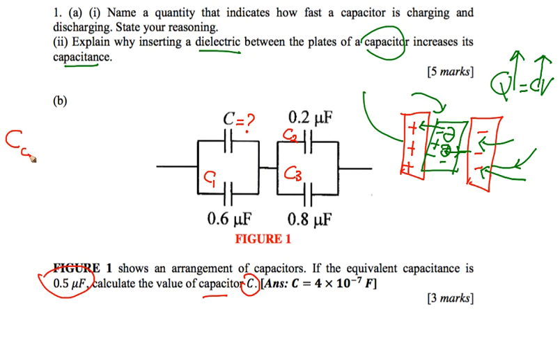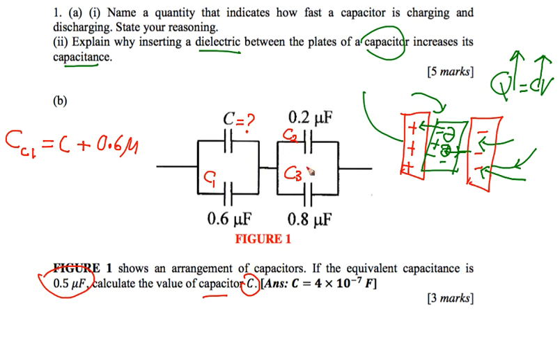C and capacitor 1 are in parallel. So the total capacitance is C plus C1, which is 0.6 microfarad.